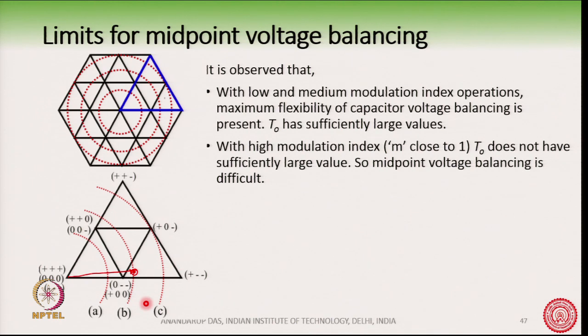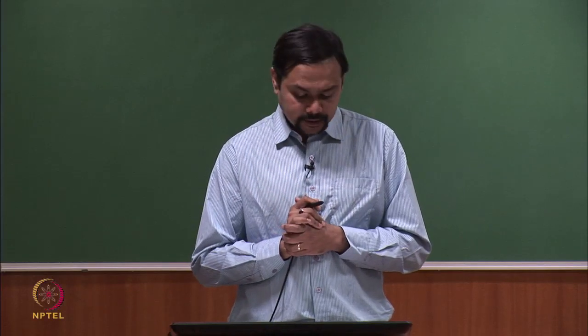This will also happen if my reference vector is here or here, then this vector of duration t 0 has a big chunk of the total time T s, and so we can play around with the delta t so that the capacitor voltages can be nicely balanced out.